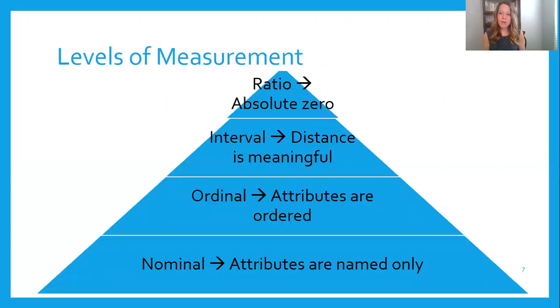If we think about the levels of measurement for our variables in this study, my independent variable of Emergen-C would be nominal. There are two groups. One group gets Emergen-C and the other doesn't. I could label my groups as experimental and control.